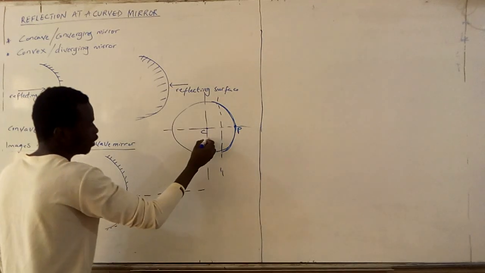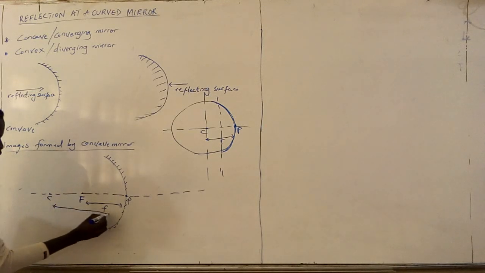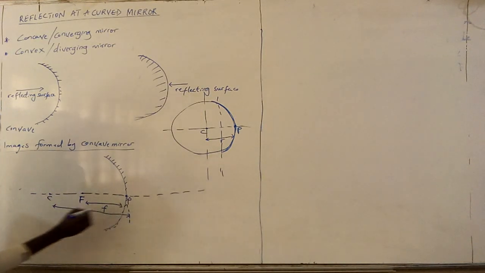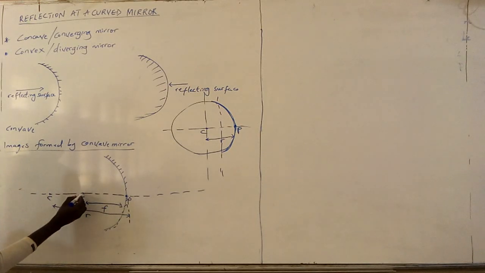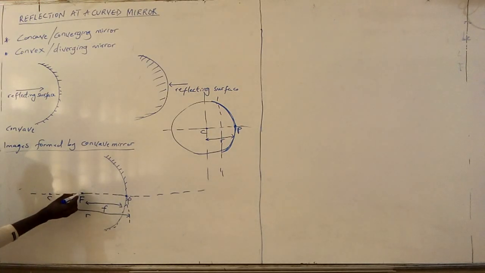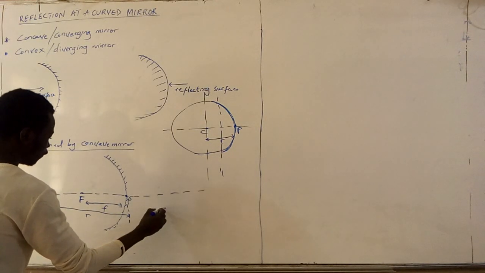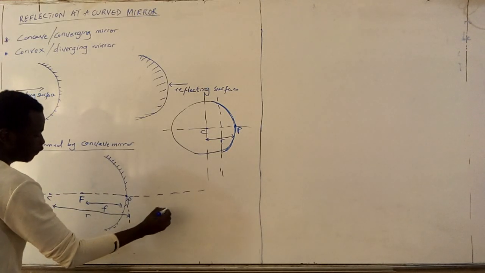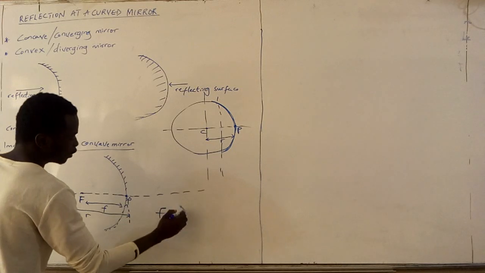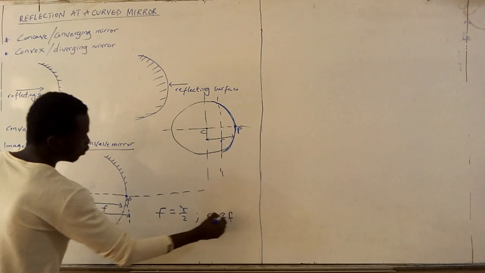From here to here we call the radius, and from here to the pole we call it R, the radius of curvature. The distance from here to here is the same as from here to here. Therefore F is equal to R over 2, or R is equal to 2F.